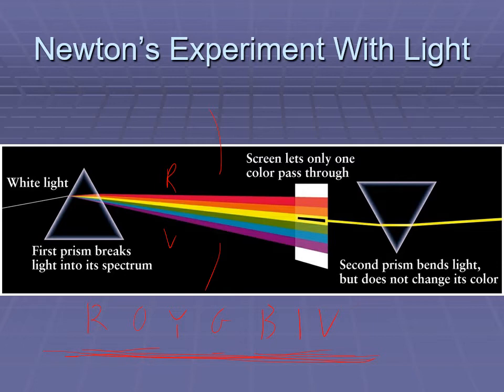And what he discovered was, no, it didn't. In this diagram here, yellow light going through another prism, rather than breaking out into lots of different kinds of yellow, was bent by the same amount as in the first prism. So each of these colors is really a pure color.